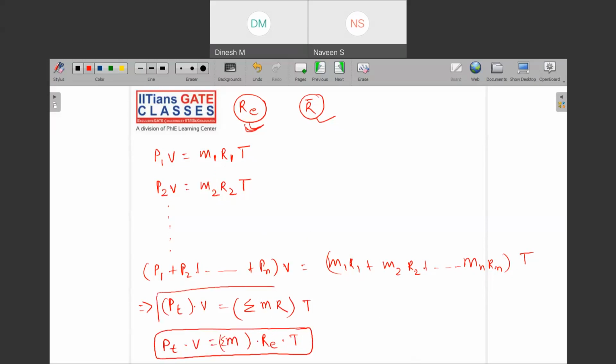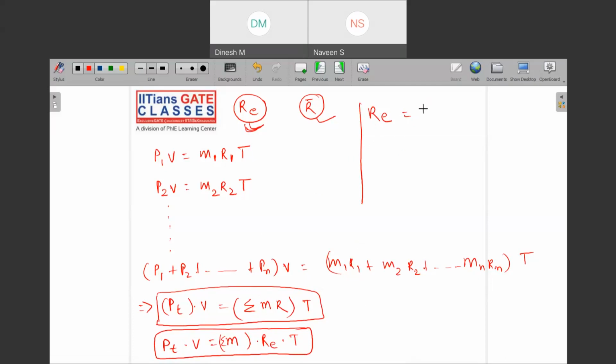Then if you compare these two equations, can you see that R equivalent is nothing but summation of MR upon M? Yes or no? Summation of MR upon M becomes R equivalent.